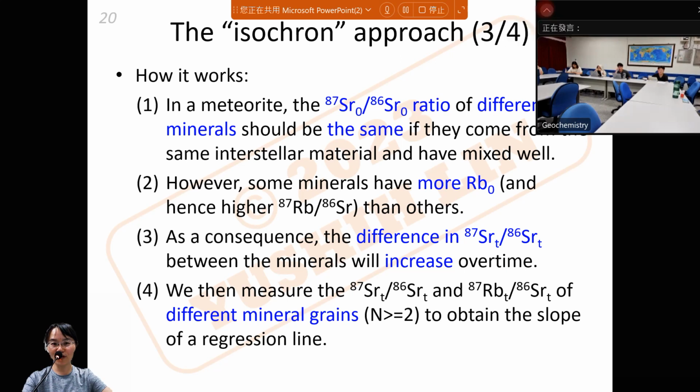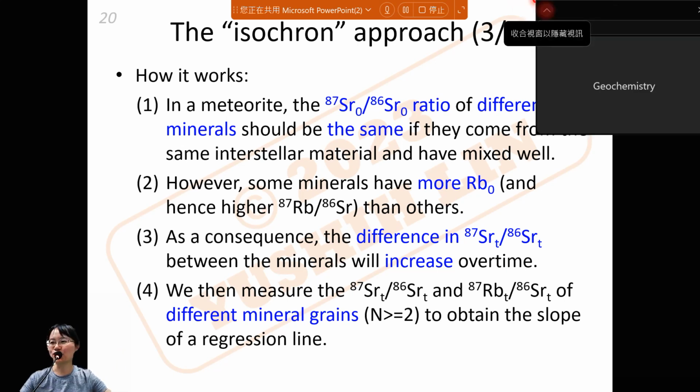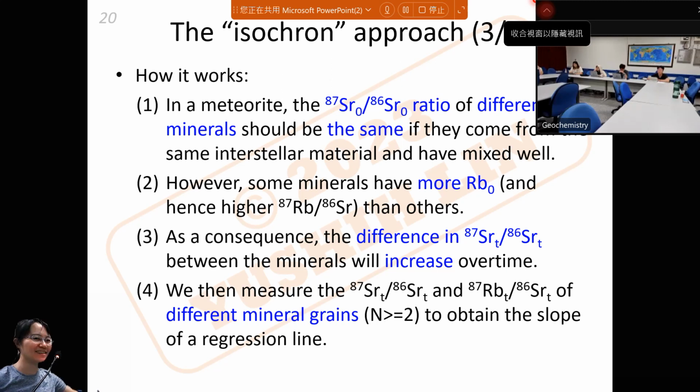Have you seen this before? Isomorphous substitution. When I talked about isomorphous substitution, I told you this is a very important phenomenon, and for many geochemical applications, we make use of this. What is the definition of isomorphous substitution?